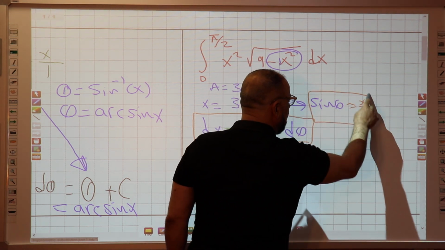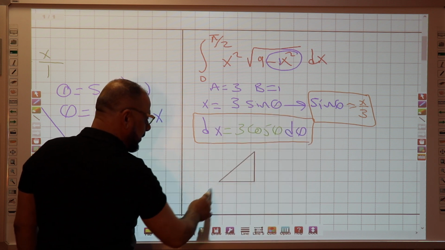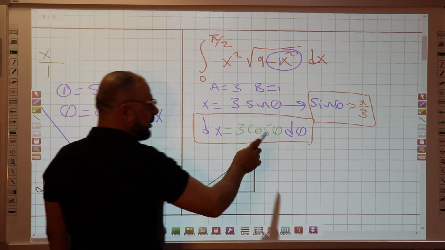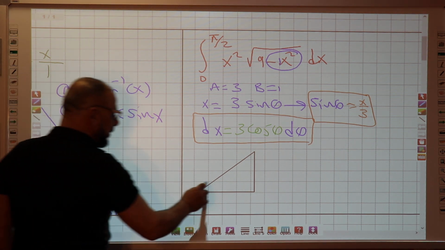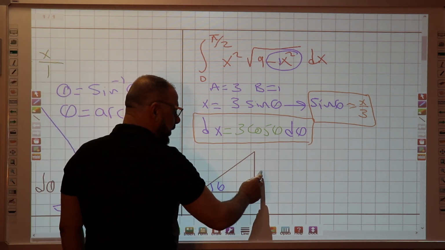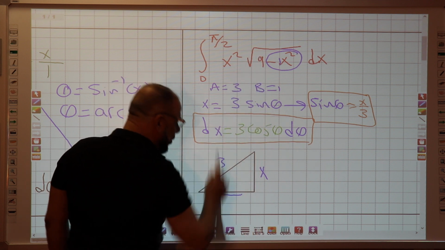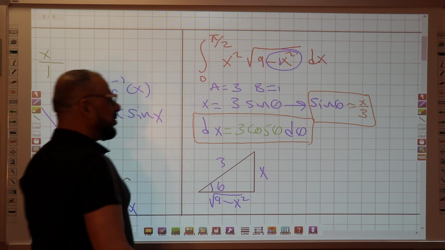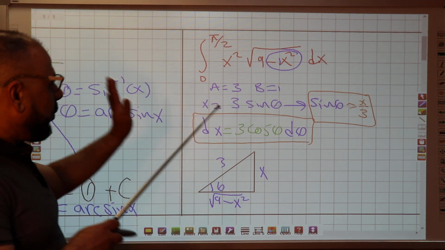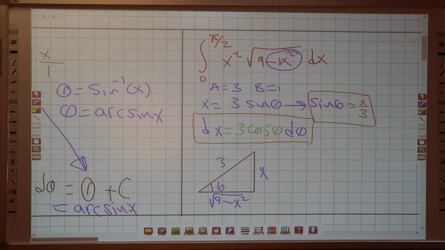Theta, then x, and 3, and here it's going to be the square root of 9 minus x squared. Now I'm ready with all my substitution and all my steps.